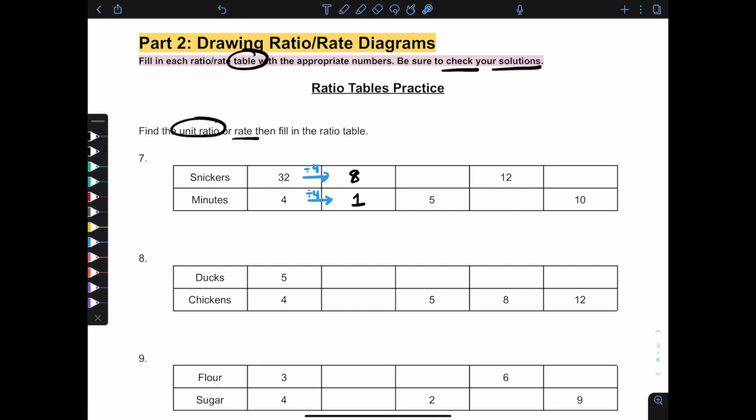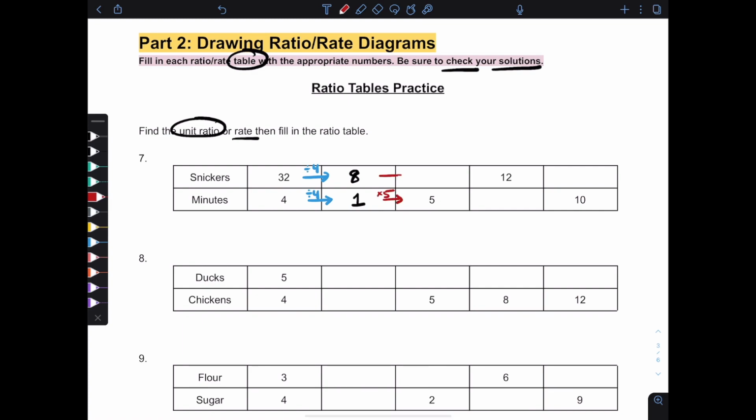All right. Now, the reason why we want to do the unit rate first is just because 4 to 5 doesn't go in nicely. It's multiplied by 4.25, but that's not as nice for most people to do mentally. So the reason why we find this unit rate of 1 here is 1 nicely goes into 5, right? So we can see that 1 multiplied by 5 will get you 5.